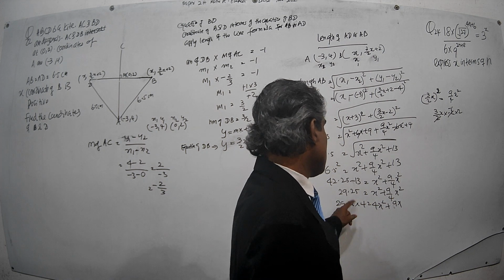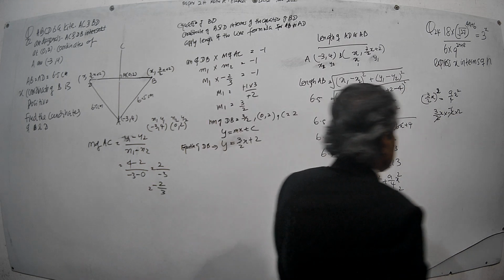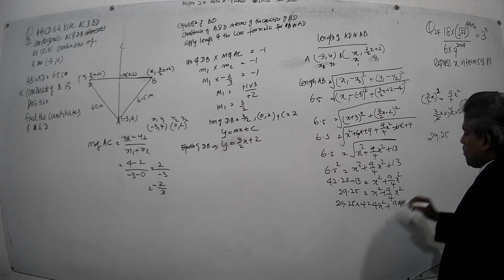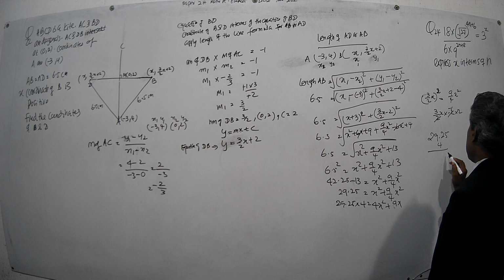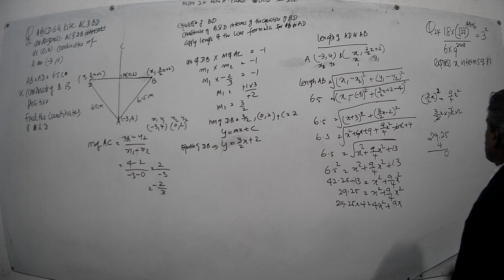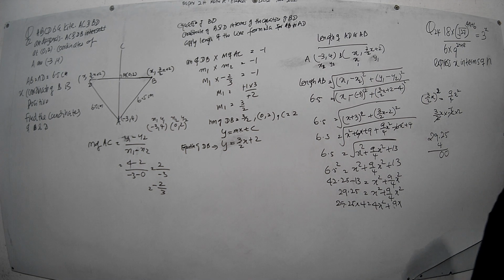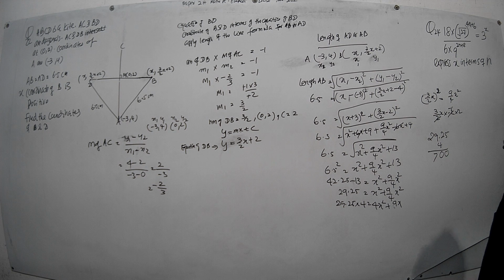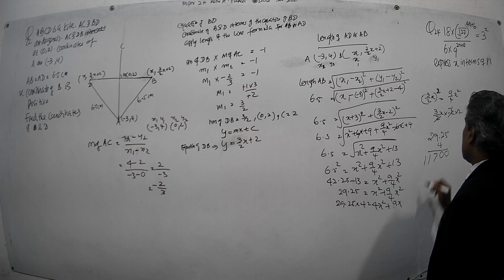This one multiplied by 4 now, 29.25 multiplied by 4. 4 times 5 is 20, 2 is put, 2 is left. 4 times 2 is 8 plus 2 is 10, 0 is put, 1 is left. 4 times 9 is 36, plus 1 is 37, 3 is left. 4 times 2 is 8, 8 plus 3 is 11.